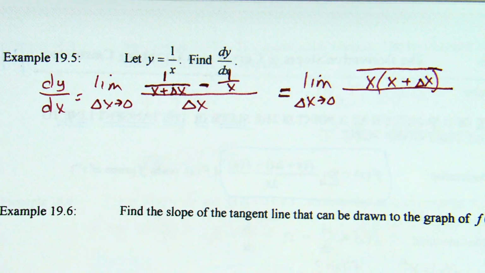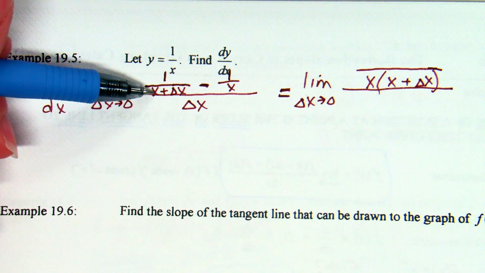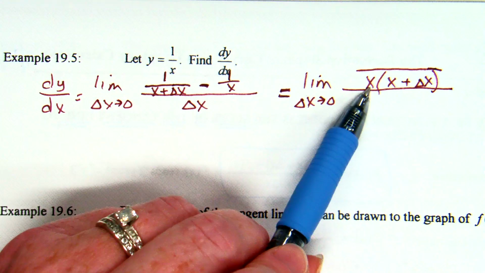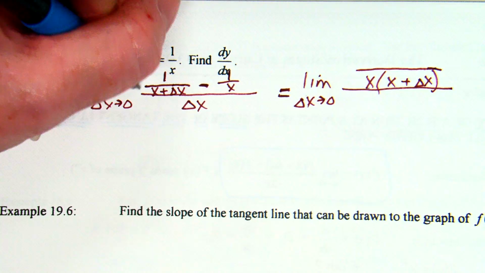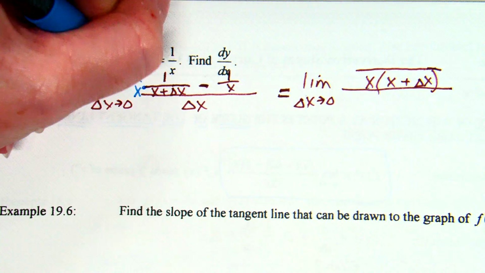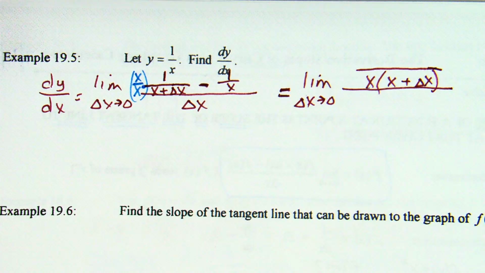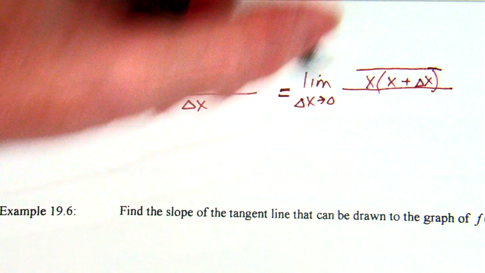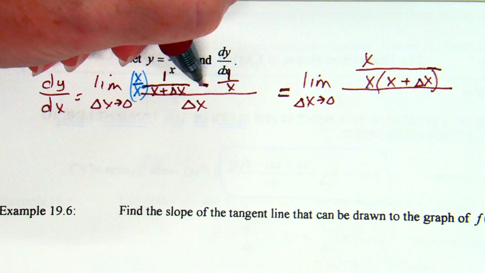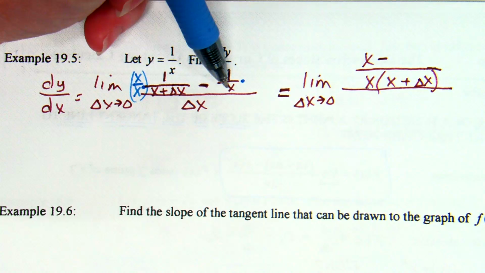So look at this first fraction, 1 over x plus delta x. What part of the common denominator am I missing? I'm missing the x. So what do I do with this fraction? Times it by x. What I do to the denominator, you do to the numerator. So on top, what is 1 times x? X. Then we are subtracting my next fraction. This denominator currently has an x.